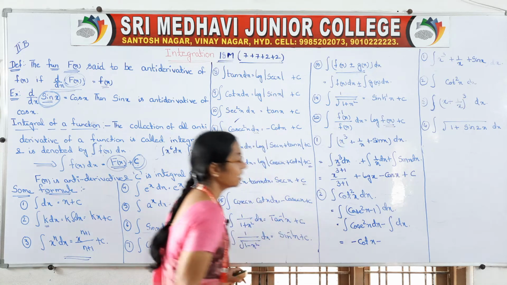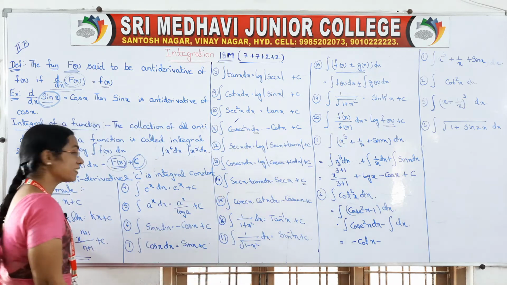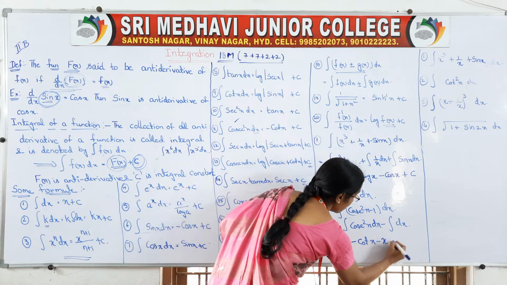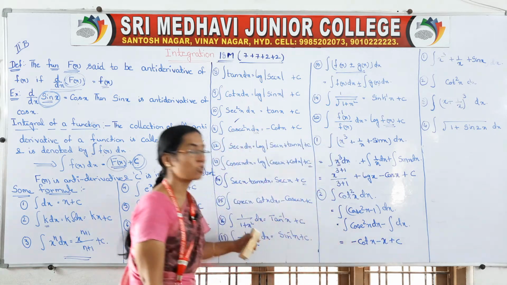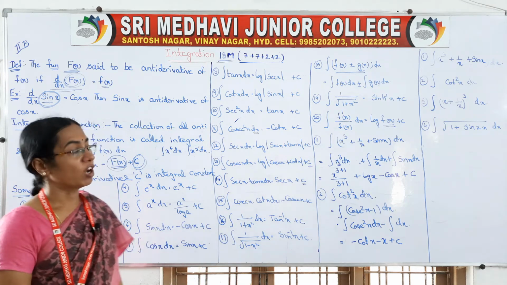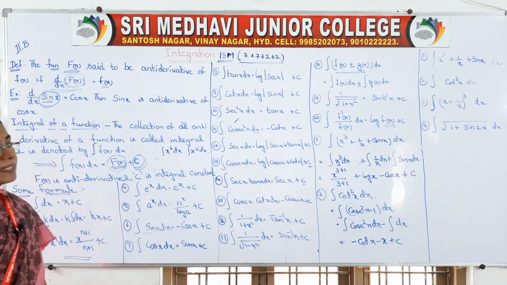And integral dx is x, I said no, first formula, integral dx is x. Come on, be attentive, slowly you will get used to these formulas. Your brain will get used to these formulas. So this is our second one.